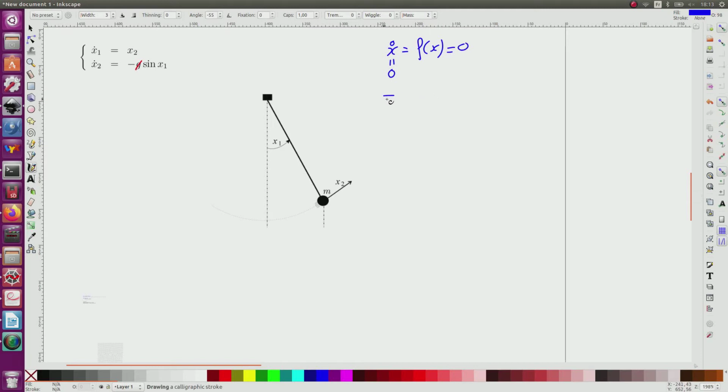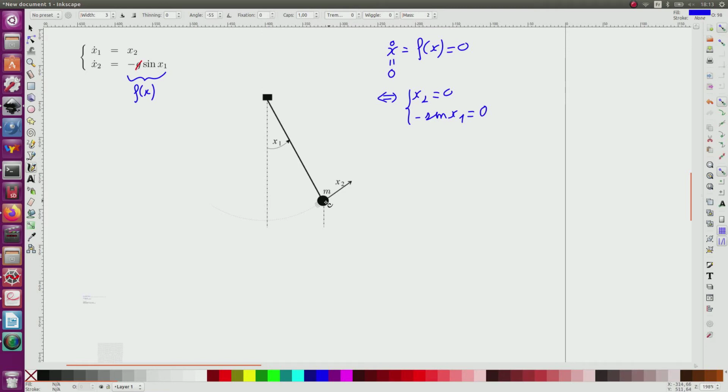So in this case, f of x equals 0 is equivalent to x2 equals 0 and minus sine x1 equals 0.